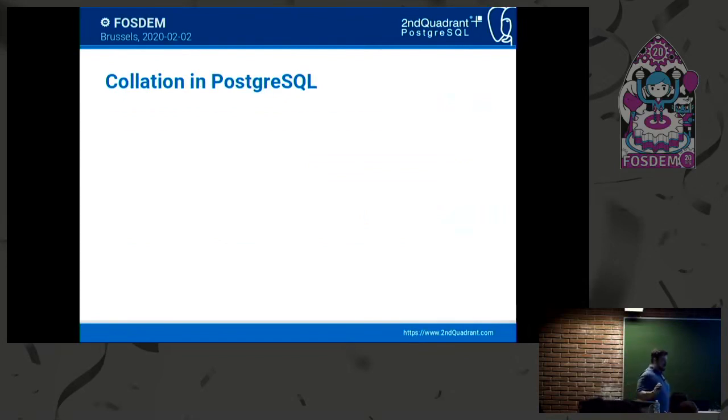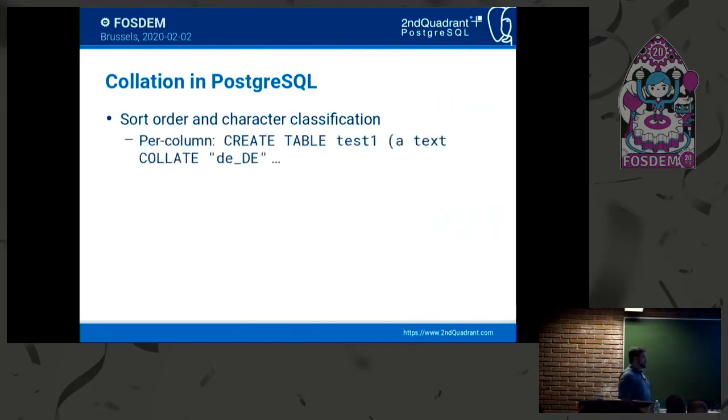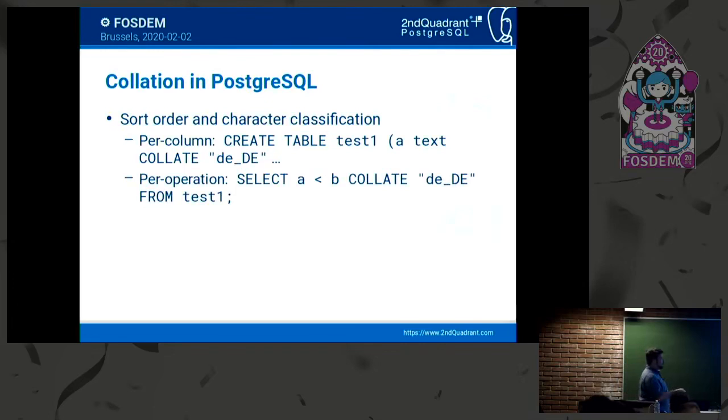Now, we have to speak about collation, which is the sort order that is different, even with the same alphabets, in different languages. So you can define the collation order and the character classification for a specific language per column, by specifying it at creation time, or during an operation.